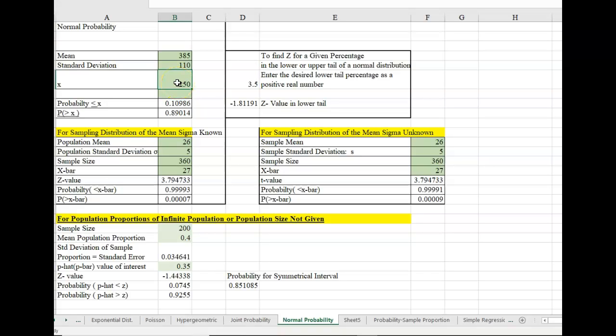So first we change x to 500. 0.8521 is the probability that x is less than 500. Then we would change that to 300. And 0.2198 is the probability that x is less than 300.